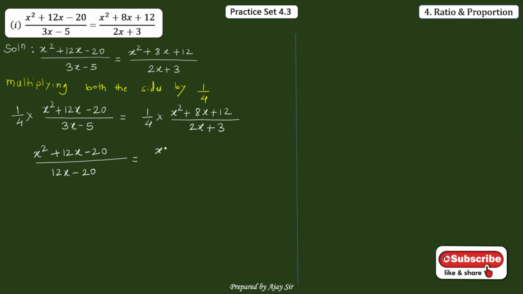Similarly here also x square plus 8x plus 12 divided by 4 into 2x, that is 8x, 4 into 3, that is 12. So therefore we can write, now these two terms have the same denominator.